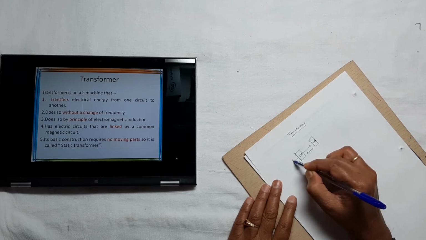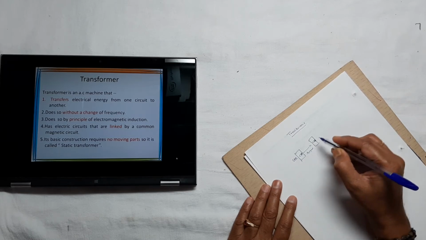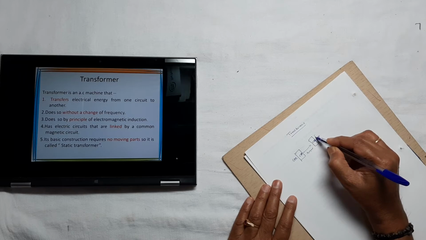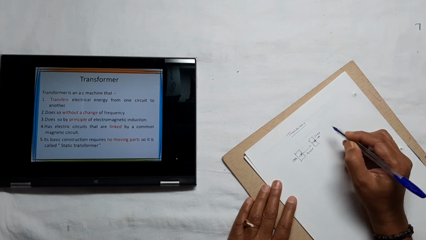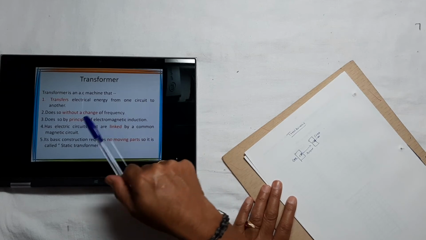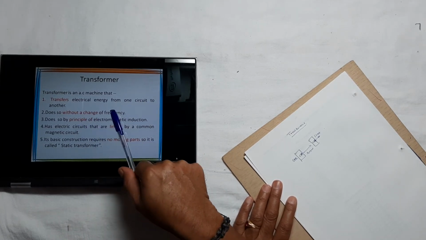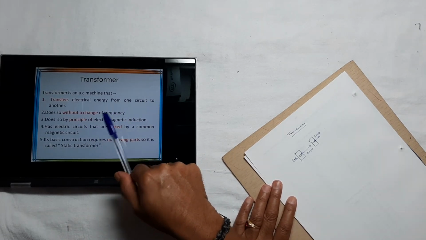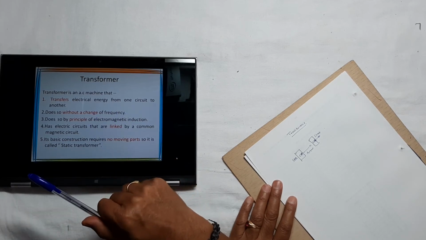If we are applying a 50 Hz supply here, its frequency is also 50 Hz. It means with the same frequency it is transferring the electrical energy.